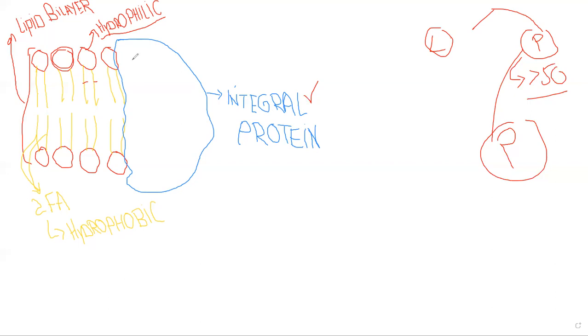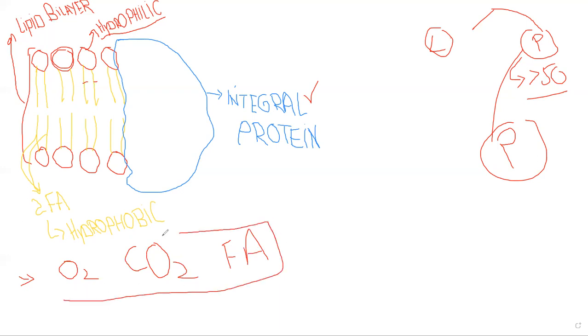So those substances which are lipid soluble can easily cross the cell membrane, like O2, CO2 and fatty acids. These substances are lipid soluble, so the cell membrane does not act as a barrier for them.